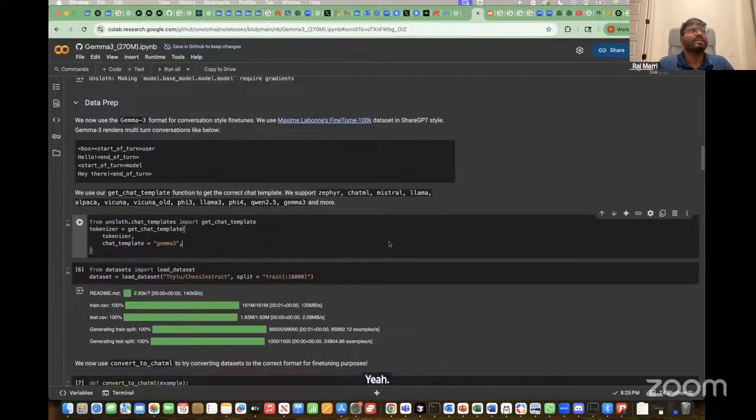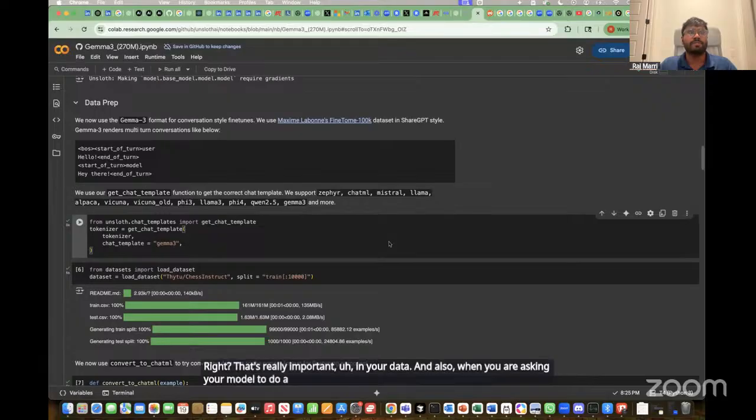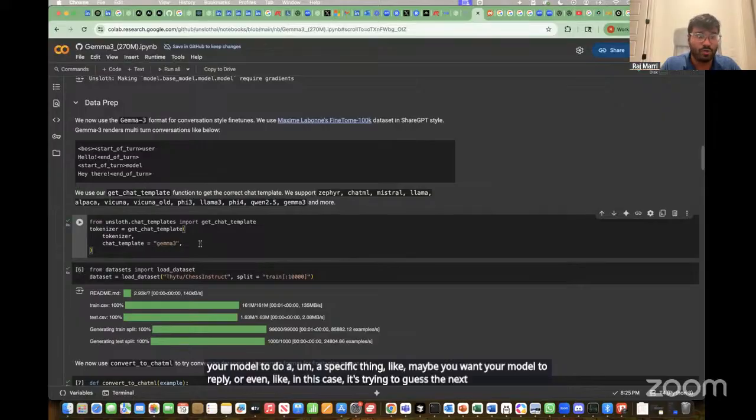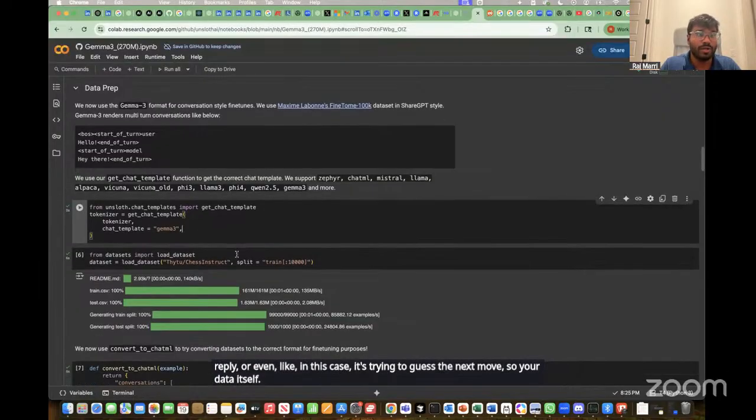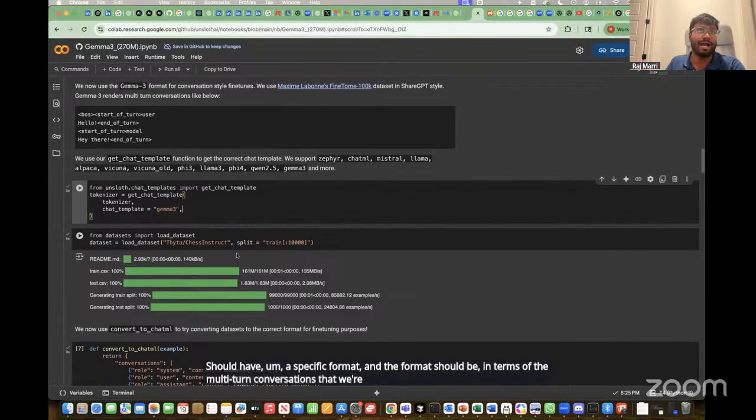Yeah, so what is the skill that you want to teach your model? That's really important in your data. When you're asking your model to do a specific thing, in this case, it's trying to guess the next move, your data itself should have a specific format, in terms of the multi-turn conversations, just like how we use ChatGPT.